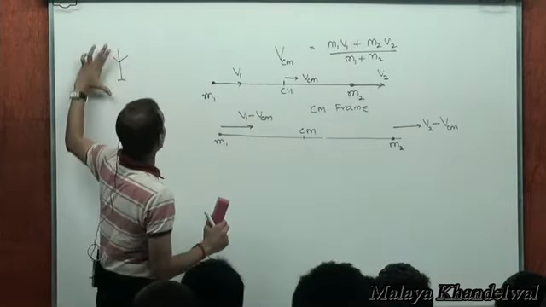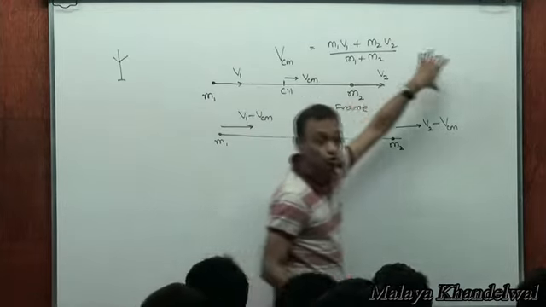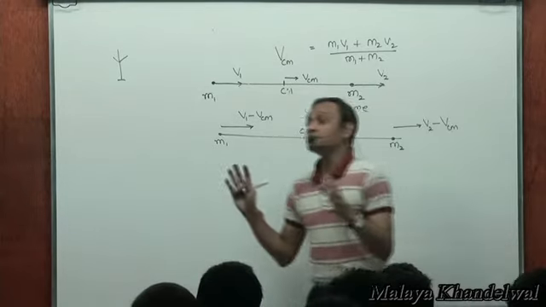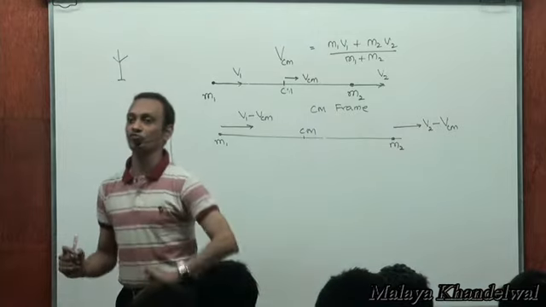Now, the kinetic energy in the ground frame of this system is going to be half m1 v1 squared plus half m2 v2 squared. But let's obtain the kinetic energy of a two particle system in the center of mass frame.